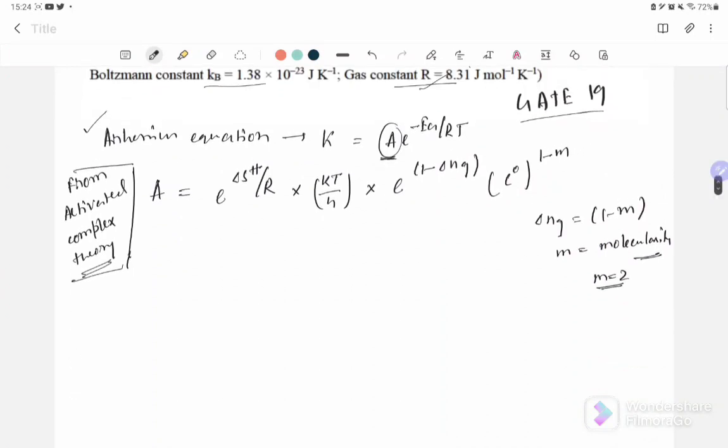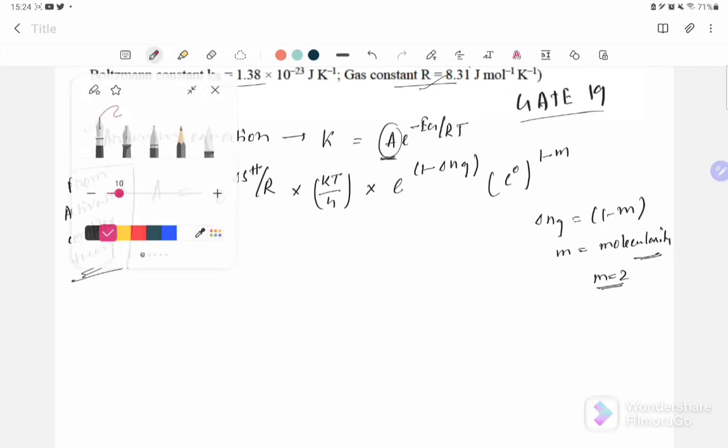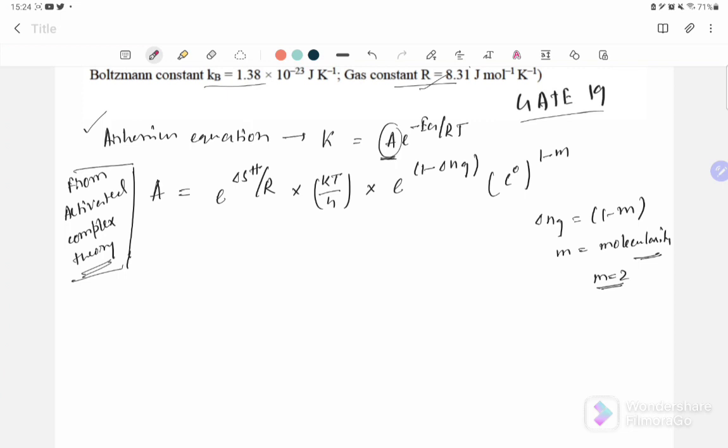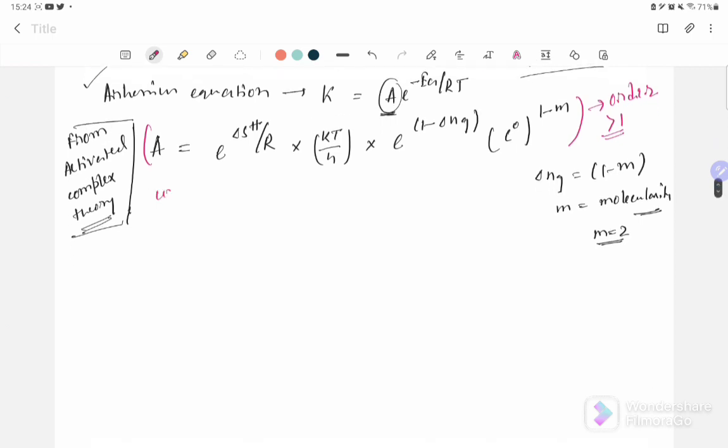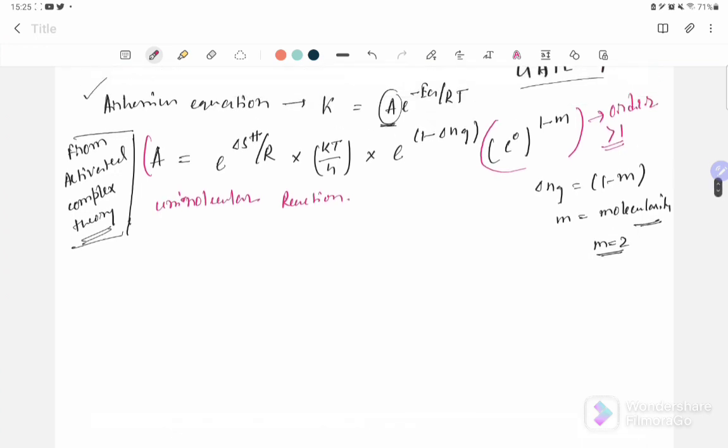So this equation is for order greater than 1, okay, for unimolecular reaction, this C term is not there.